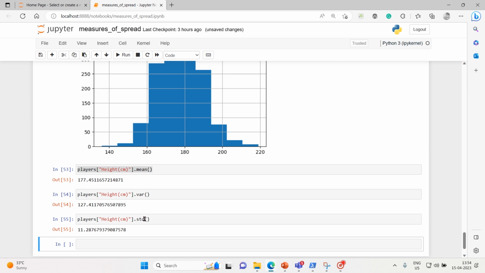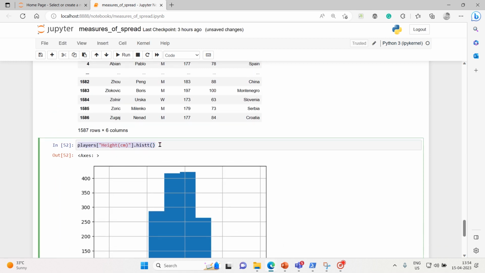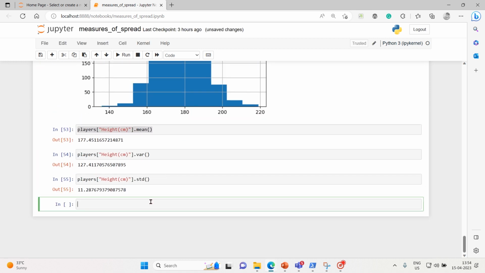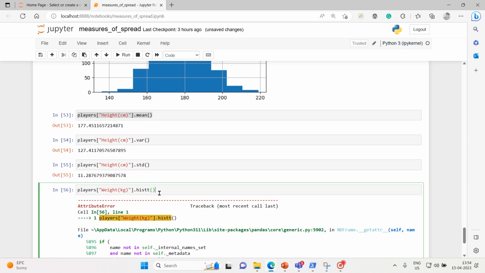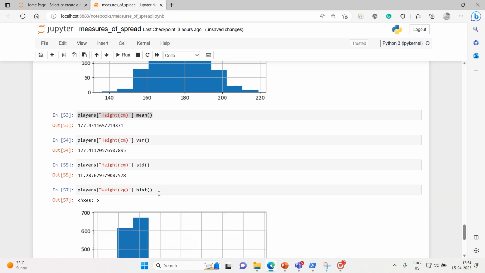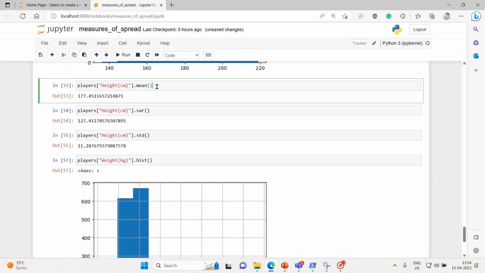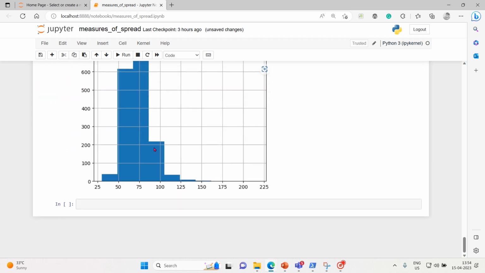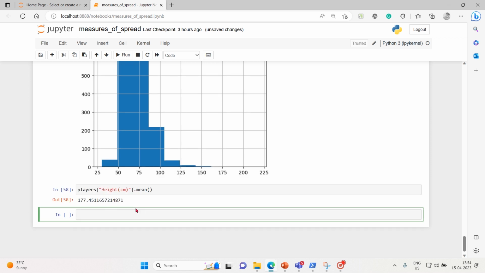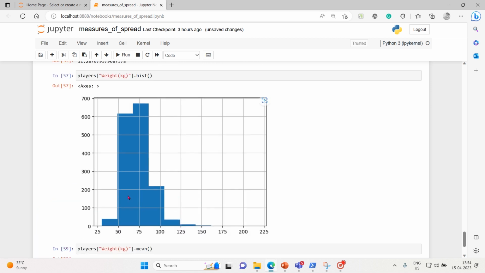Let's take weight similarly and see how it behaves. Yep, this is skewed, still that's fine. Let me take the mean of this. I don't want the height one, I want weight. It's 72.65.